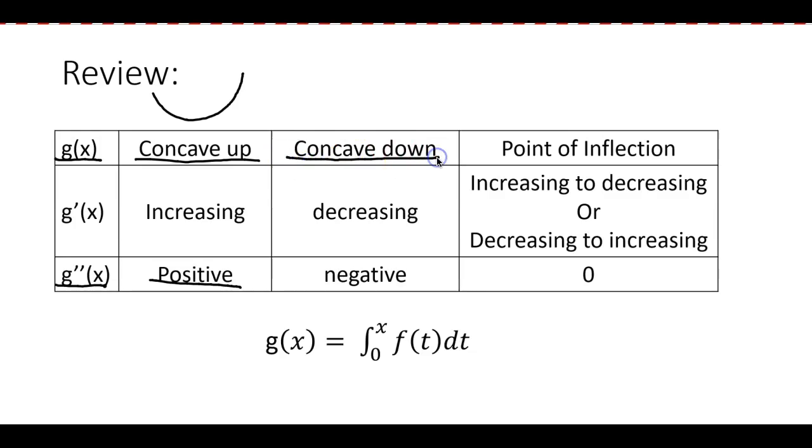G is concave down when its second derivative is negative. G has a point of inflection where the concavity changes, and that means that the second derivative at that point would equal 0. Okay?